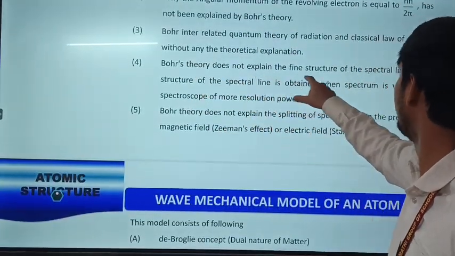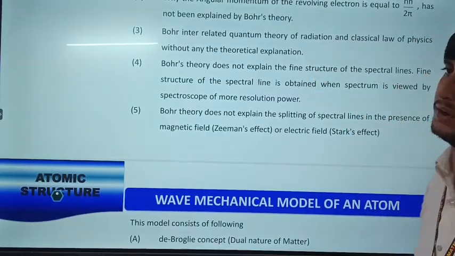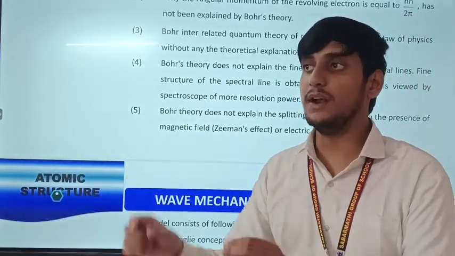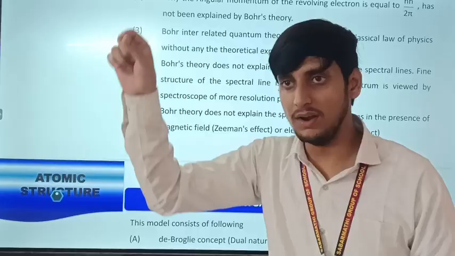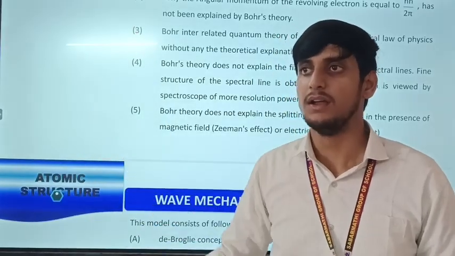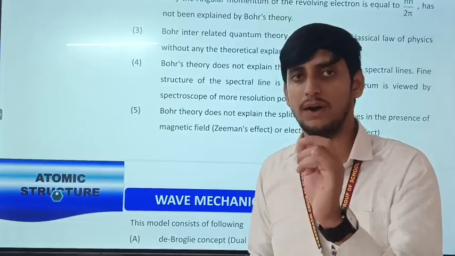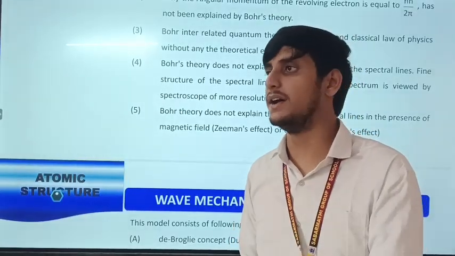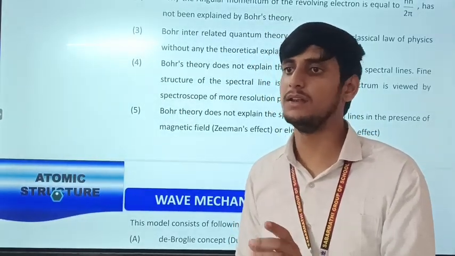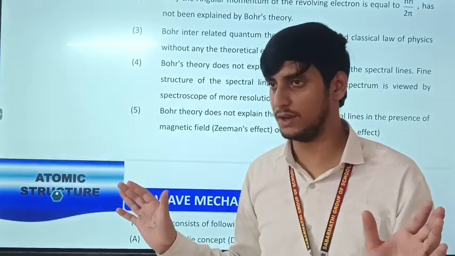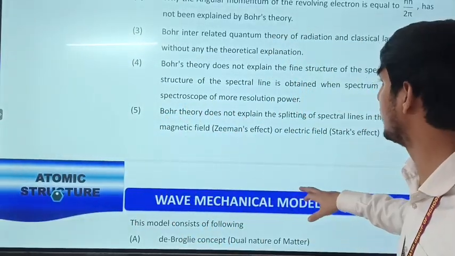Bohr's theory does not explain the finer structure of a spectral line. In one spectral line, in one alpha spectral line, there are finer structural lines; one spectral line contains many more spectral lines. He did not say anything about that.